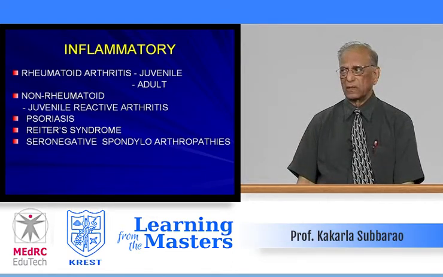Non-rheumatoid also there can be inflammatory changes such as juvenile reactive arthritis, another common thing that we see in youngsters. Psoriasis, skin disease and the arthritis symptoms, Reiter's syndrome, seronegative spondyloarthropathies. All these come under inflammatory category.